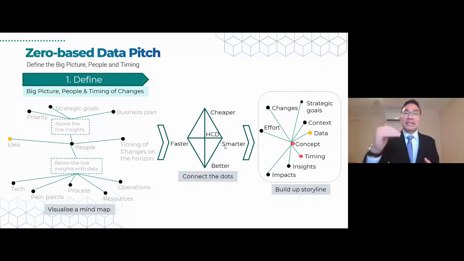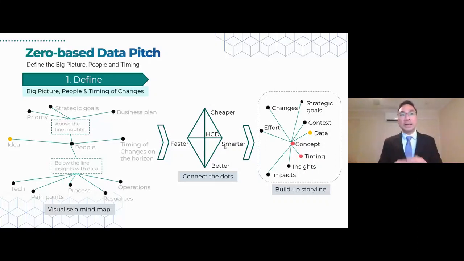It is the element that I pay attention to when I create this visual mind map. I will map out exactly: this is my idea, and these are the key changes in that period of time, and I try to connect them.